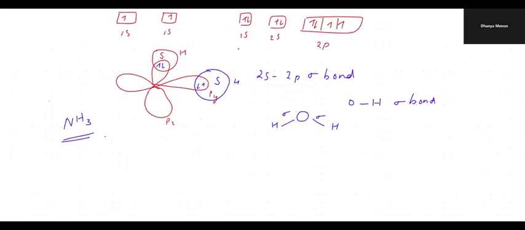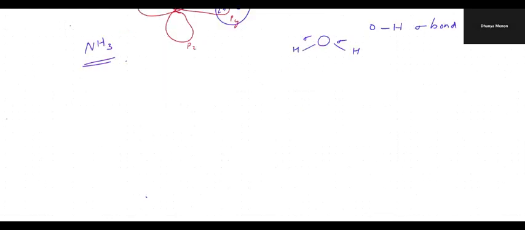Now the second type of overlapping is the sideways, or lateral, or parallel overlapping.